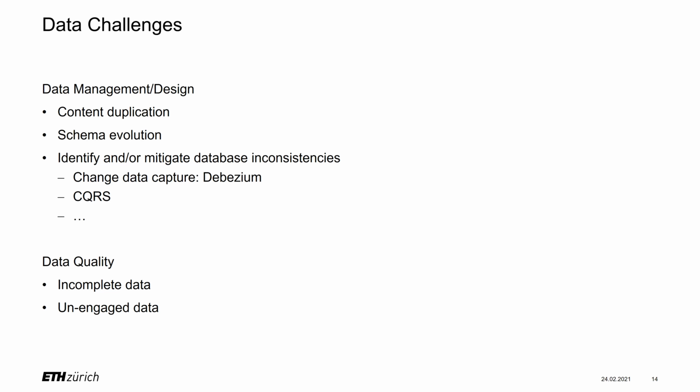Also, the schema evolution, how the data looks within each of the individual databases. That's a challenge, because the services themselves have been evolving over time. So what an article looks like and what an article should entail at the beginning is quite different to how it looks right now.